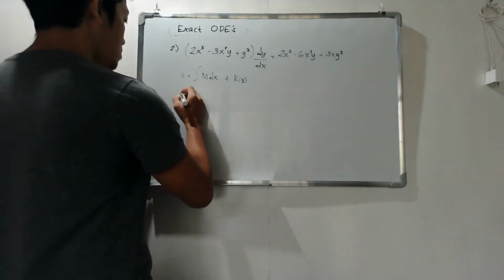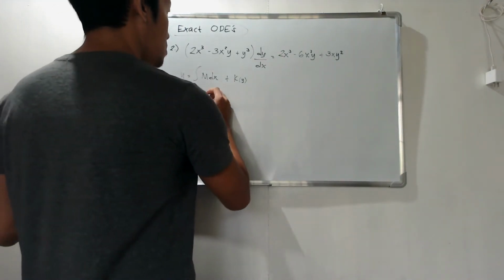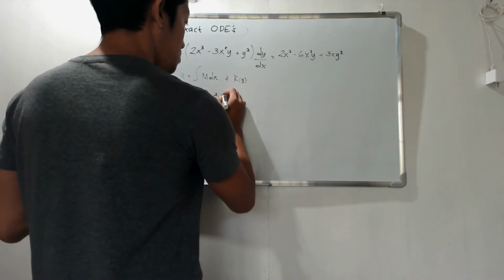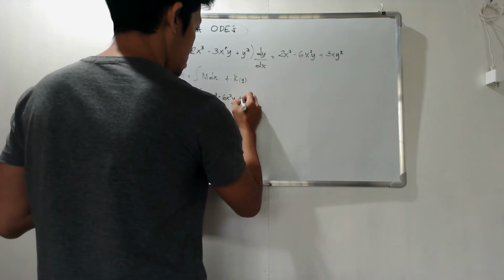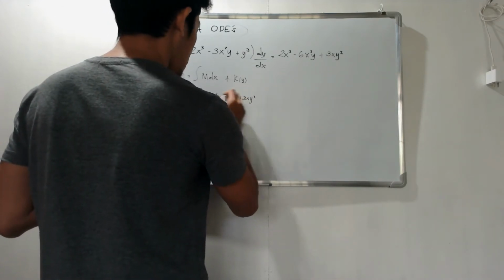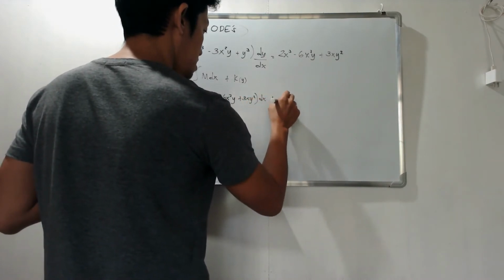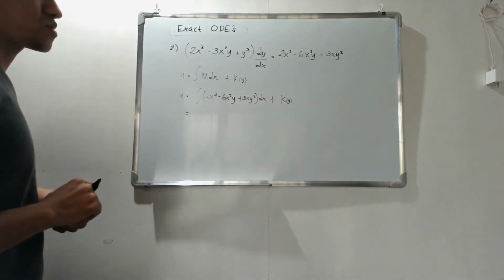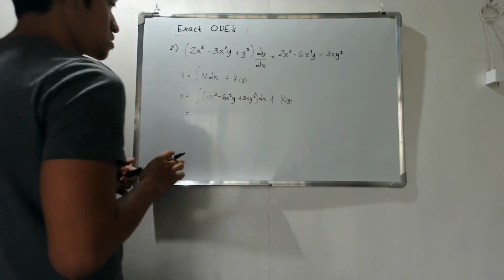Okay, so u is just equal to integral of m, 2x cubed minus 6x squared y plus 3x y squared, dx plus k of y. Okay. Integrate this one with respect to x.